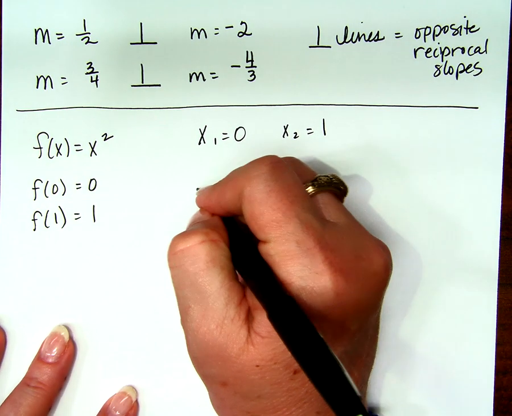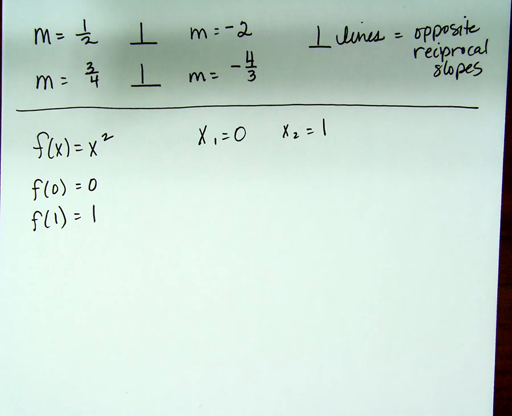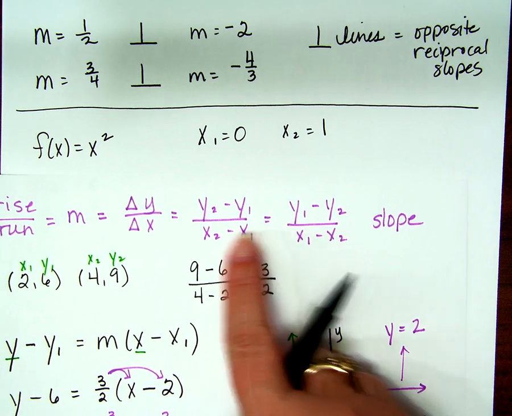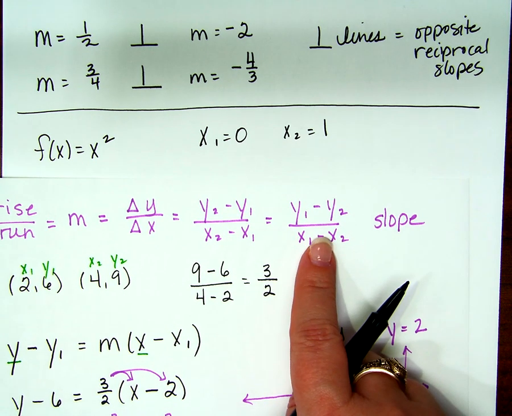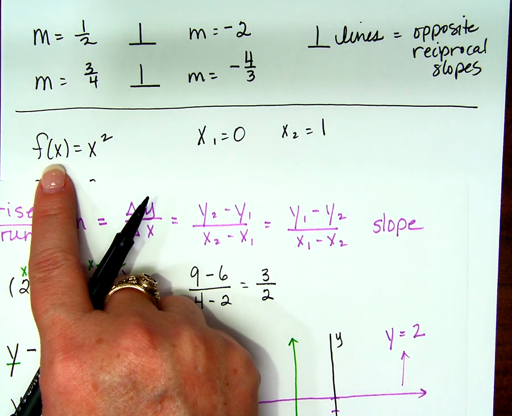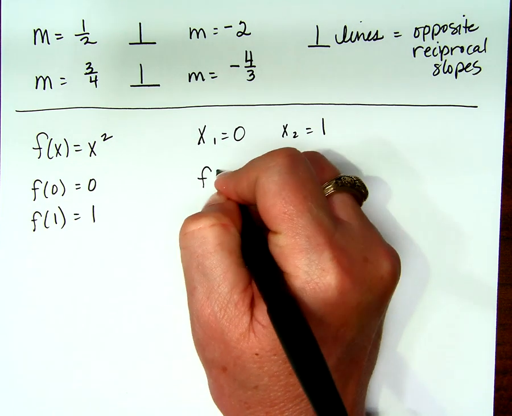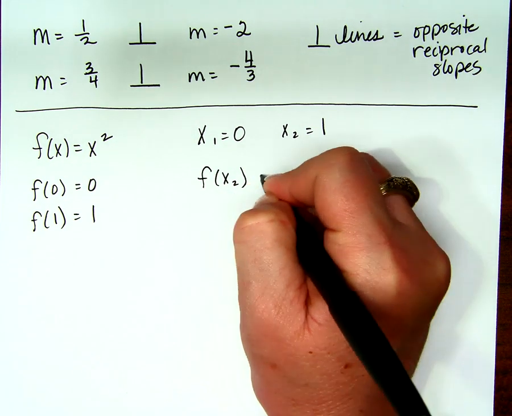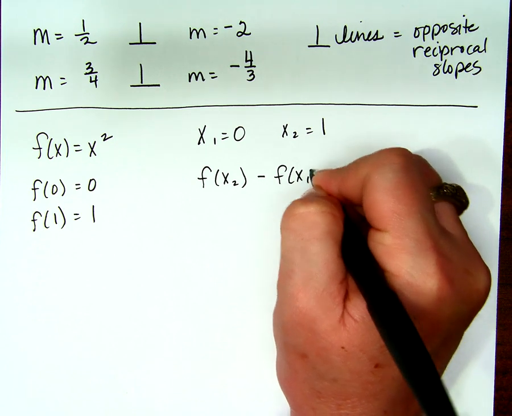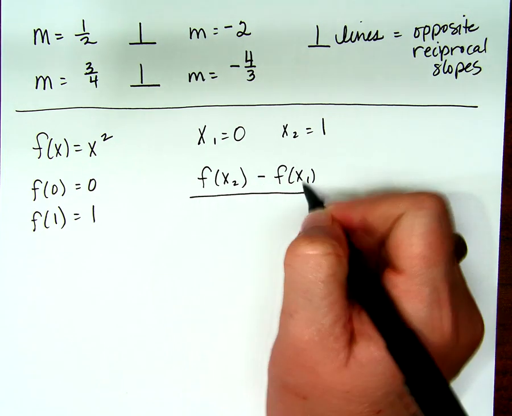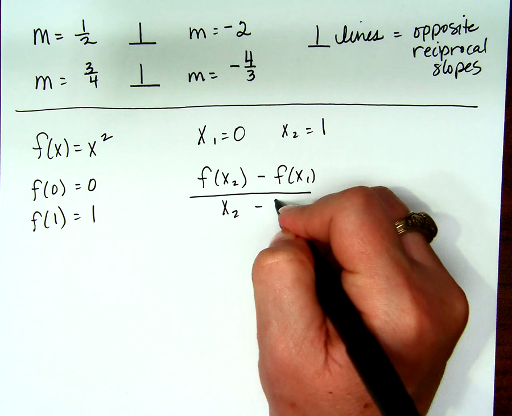Okay, so what we're actually doing is using the slope formula, which we talked about in last section. It's going to look a little different though because we're talking about a function. So really it's going to look something like this. f of x sub 2 minus f of x sub 1 over x sub 2 minus x sub 1.